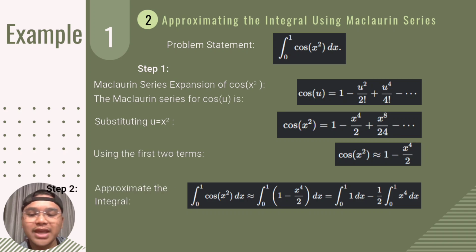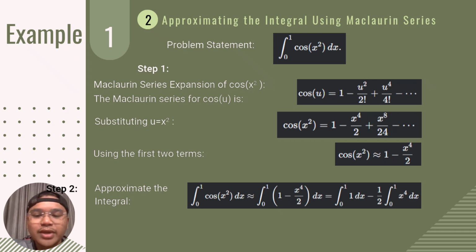Now we move to the next section, which is approximating the integral using the Maclaurin series. As you can see in the problem statement, there is a trigonometric function in it. So we will expand cos x squared by using the Maclaurin series. Just like before, we assume cos x squared as cos u. Then the Maclaurin series for cos u equals 1 minus u squared divided by 2 factorial plus u to the power of 4 divided by 4 factorial.